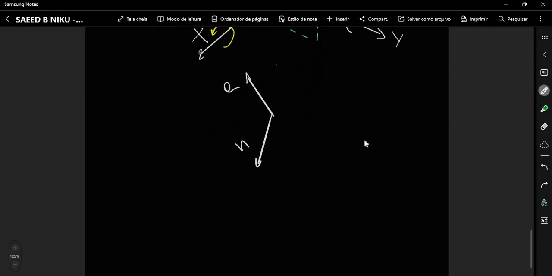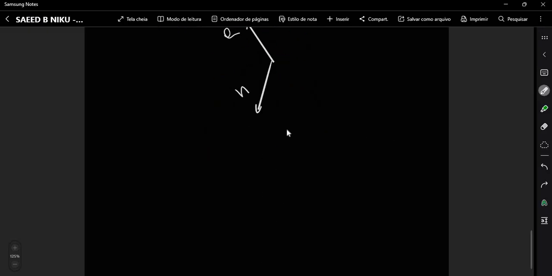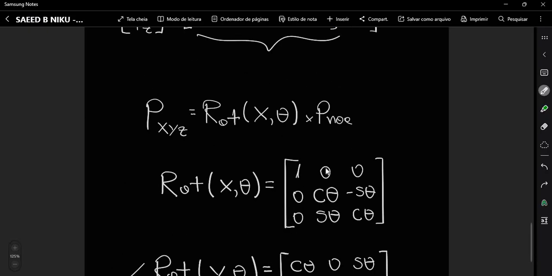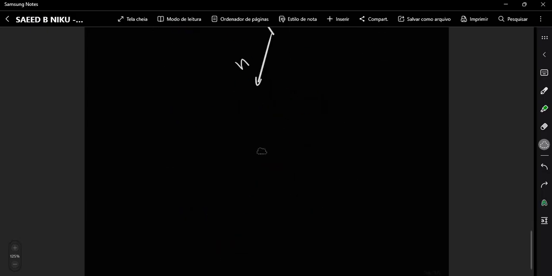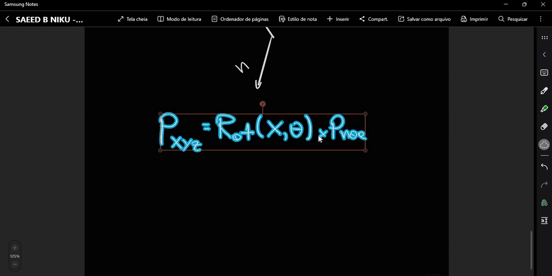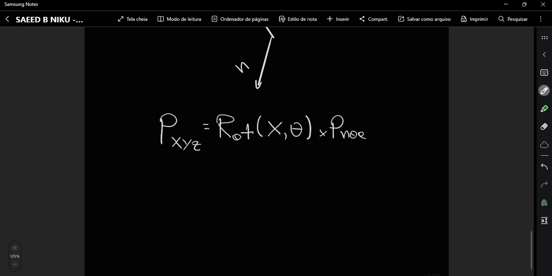And we also can write this equation in other form, which is the form that we're going to use from now on. We will see this notation from now on very often.